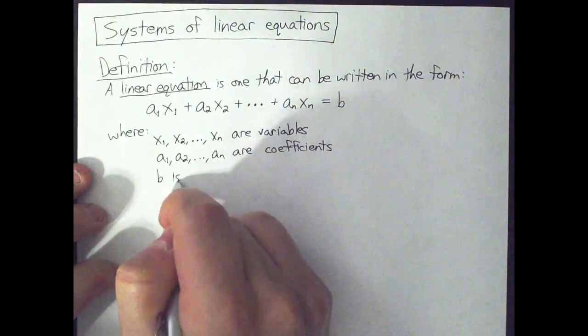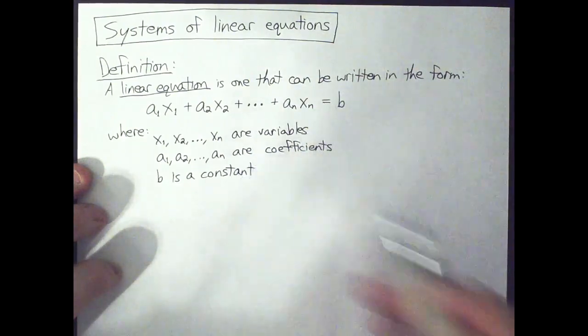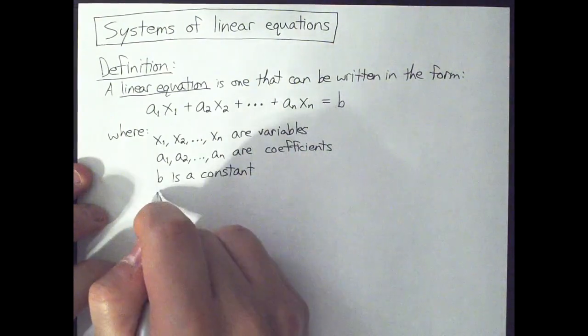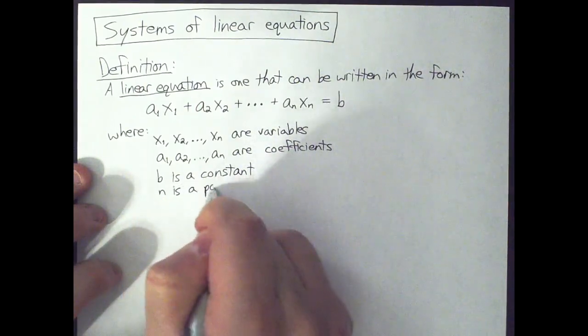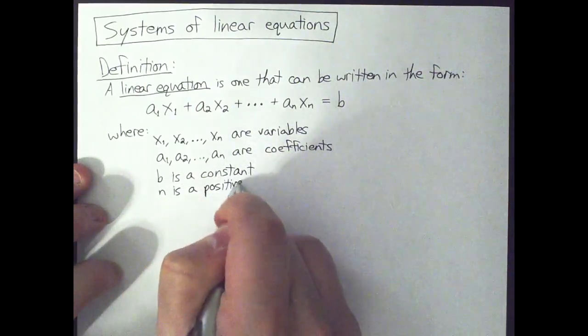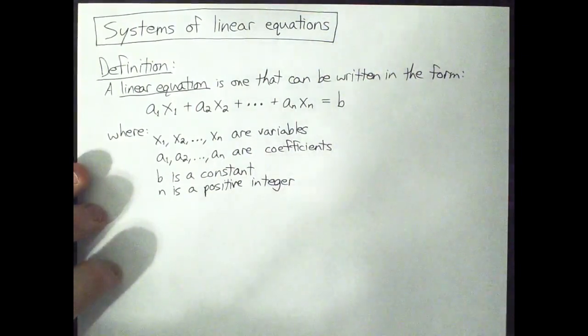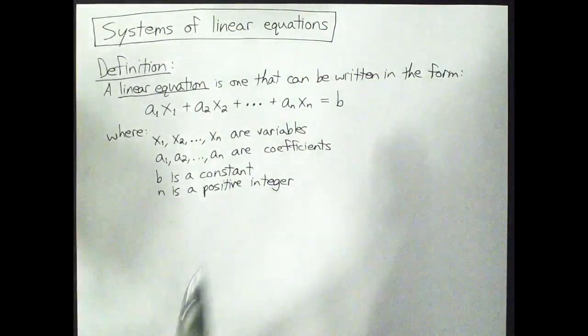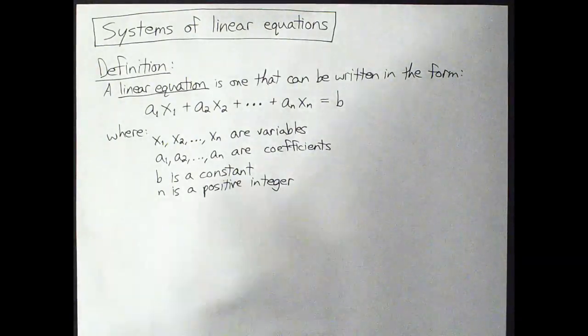Also, b is a constant, not a variable. And what other letter is here? n. n is a positive integer. So maybe n is something like 10, and that is going to be our definition of a linear equation. So we're not talking about systems yet, but we'll get to that soon.